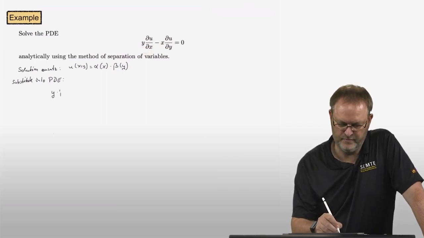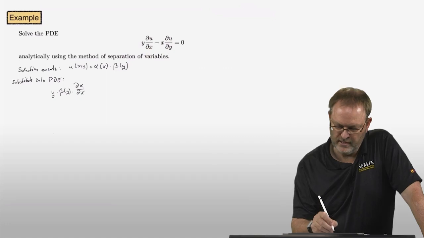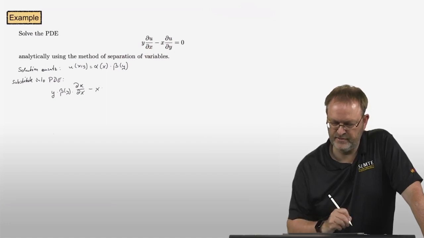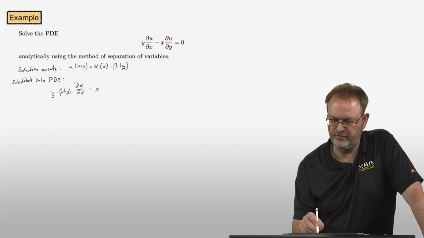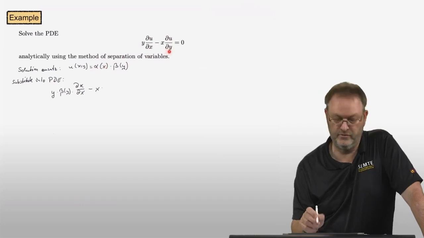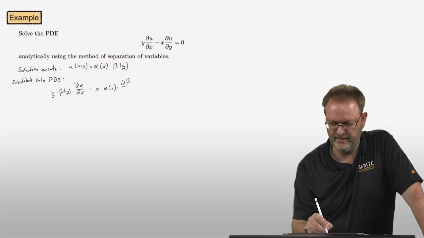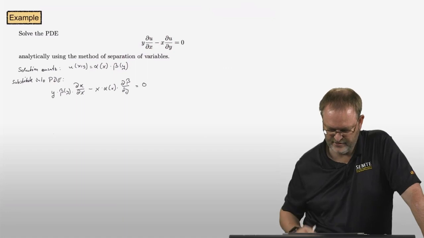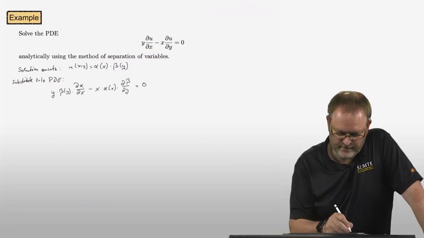So y times beta of y times d alpha dx minus x times, and now I have to take the partial derivative of u with respect to y, but alpha is only a function of x, so it can move in front of this derivative. So I have minus x times alpha of x times d beta dy, and that has to be equal to 0.